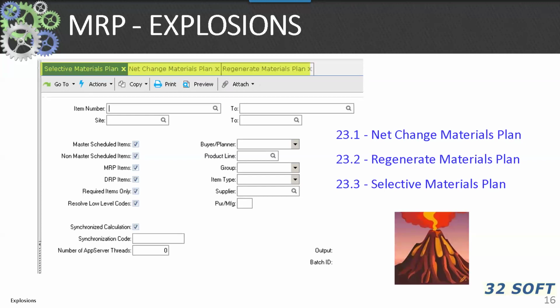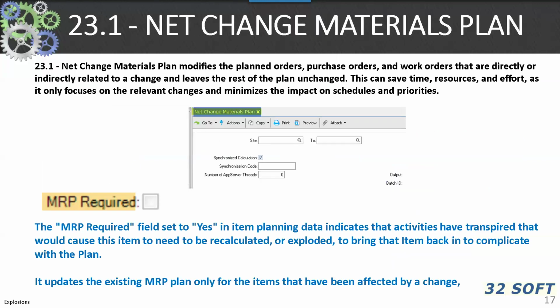There are 3 kinds of explosions in QAD: net change, regenerative, and selective. The net change is where the system only plans those items which have had activity that causes an item to fall out of phase with the production master schedule.